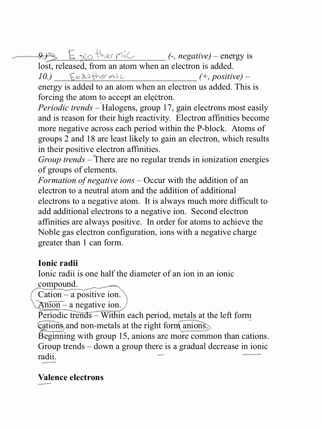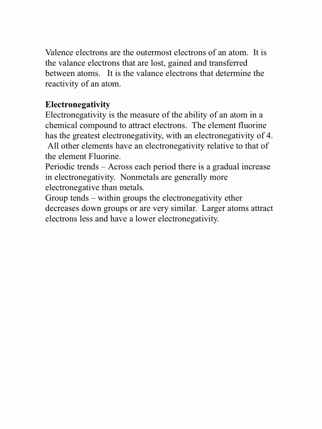And then I have here valence electrons. We'll talk about that next. But valence electrons are very important in understanding chemical reactions. So we're going to define valence electrons. Valence electrons are the outermost electrons of an atom. It is the valence electrons that are lost, gained, or transferred between atoms. That's a chemical reaction.